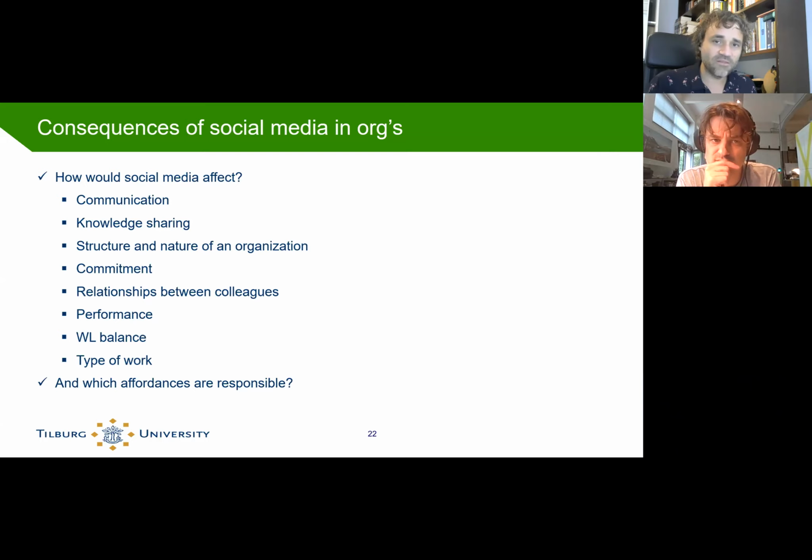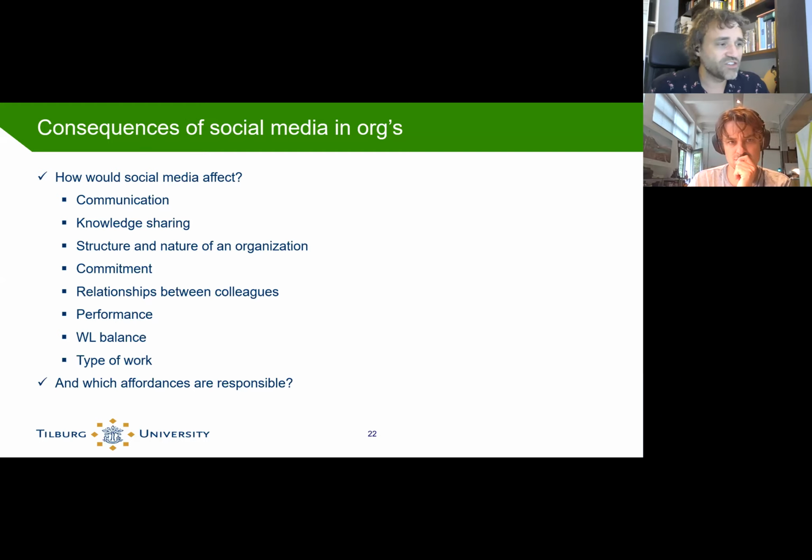Because if you do that, that allows you to go beyond simply saying, we definitely need to install Slack in our organization. Then you can recommend to organizations, okay, well, Slack may be useful, but I would have incorporated it in this and this and this way, with these rules and these suggestions, because that would make people more willing to share knowledge.